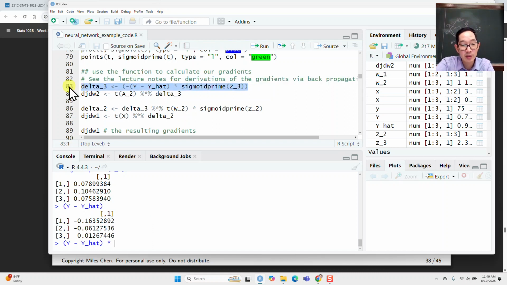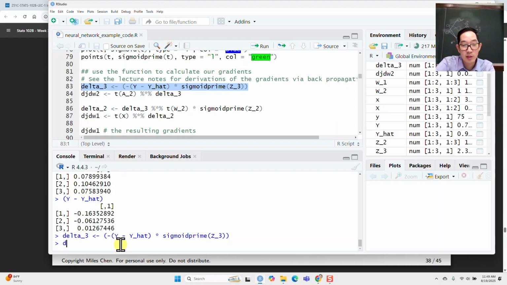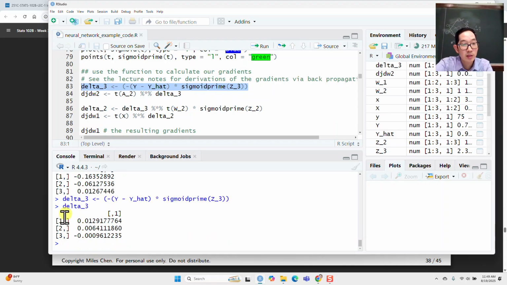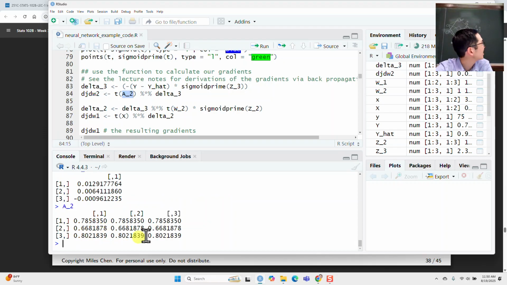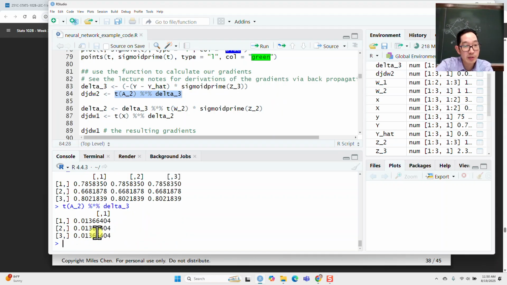So delta 3 is going to be 3 by 1, okay? And then A2 is 3 by 3, and so if I multiply this by this, the result is going to be 3 by 1. Okay, so that's what I have.